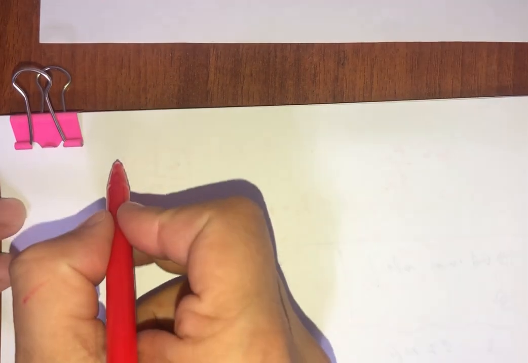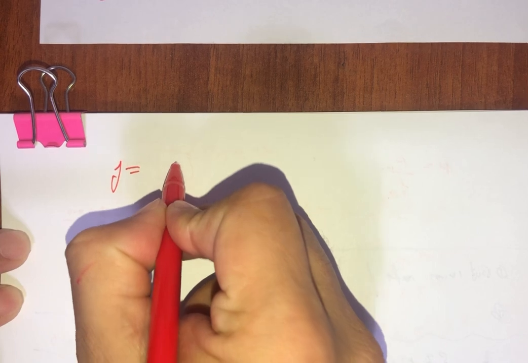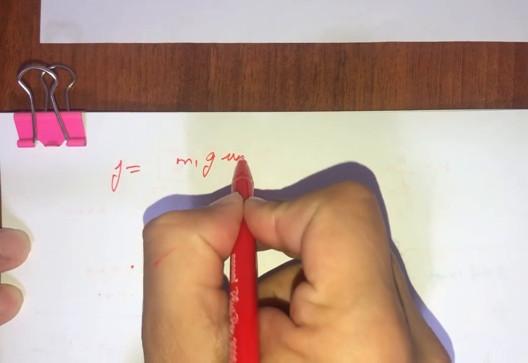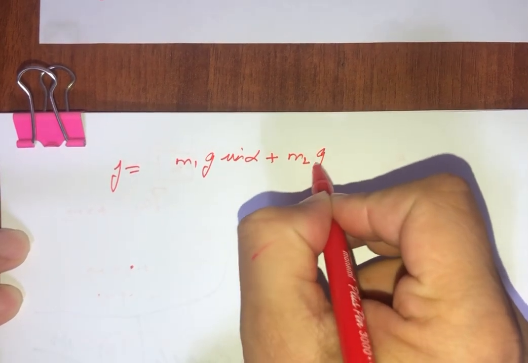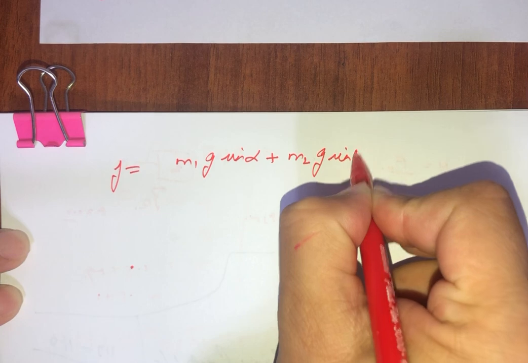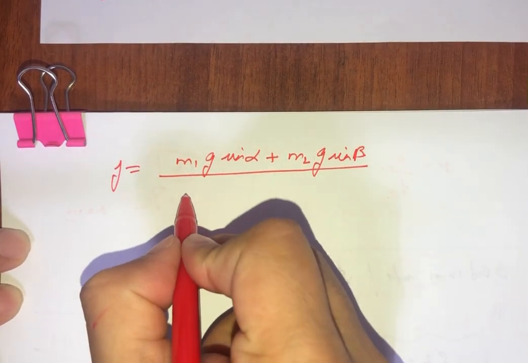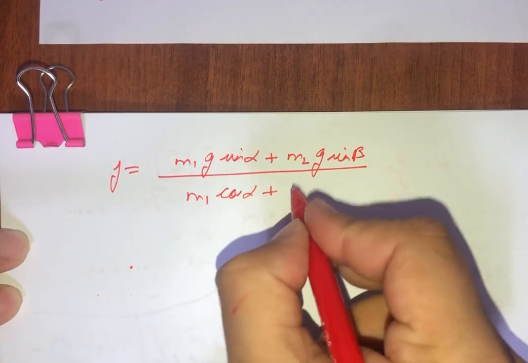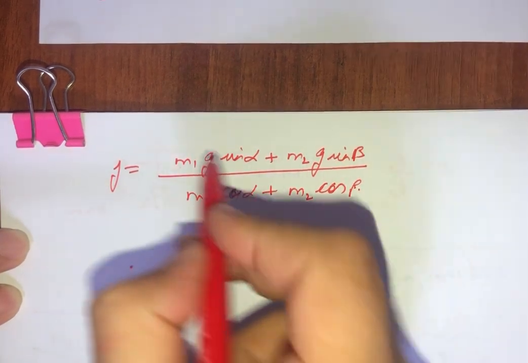So further we get F is equal to M1G sin alpha plus M2G sin beta divided by M1 cos alpha plus M2 cos beta.